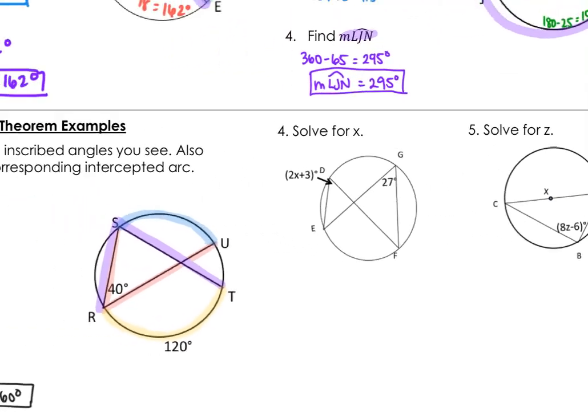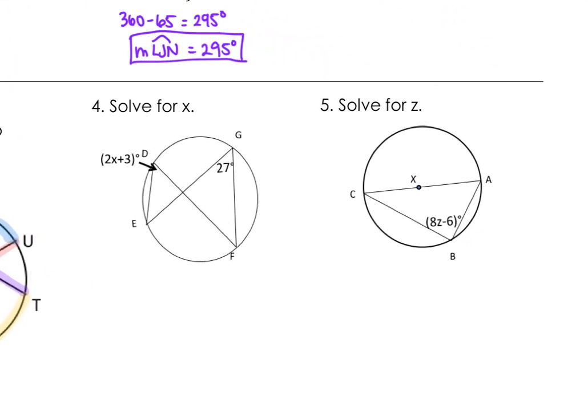All right, let's look at a couple more examples that are a little bit harder. They want us to solve for x, which is in this angle right here. If we look, you should see 2 different inscribed angles. The first inscribed angle is EDF, and the second inscribed angle is EGF. Those 2 inscribed angles have the same intercepted arc.